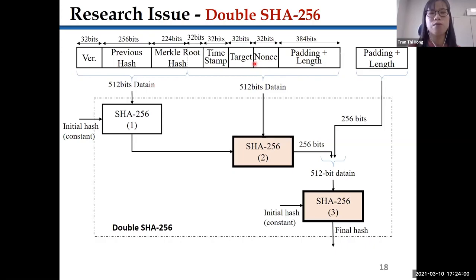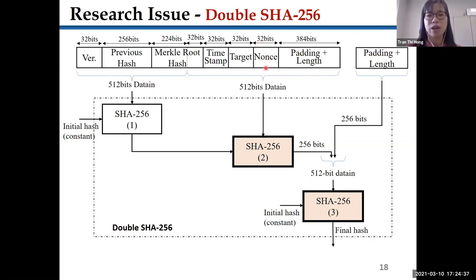The nonce is changed up to 2 to the power 32 times, to make a lot of trials to find a final hash that meets the target. It means that to calculate the double SHA, the SHA-256 block 1 needs to be calculated only one time. But the SHA-256 block 2 needs to be calculated up to 2 to the power 32 times, equivalent to the number of nonce values. When the output of block 2 changes, block 3 needs to be recomputed again. Therefore, blocks 2 and 3 need to be computed up to 2 to the power 32 times.